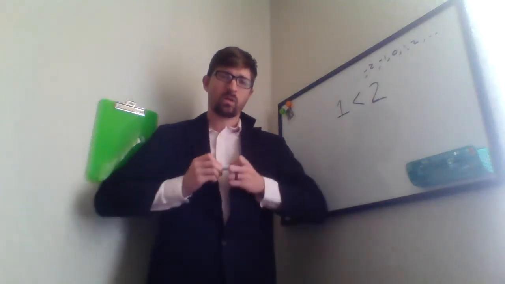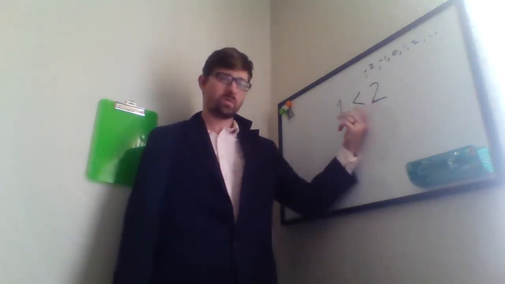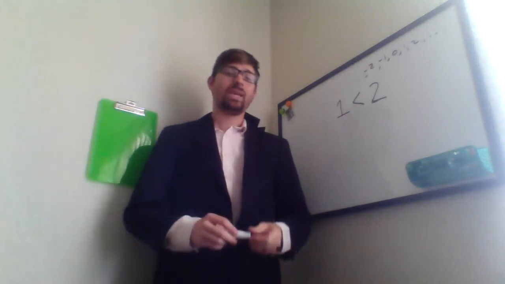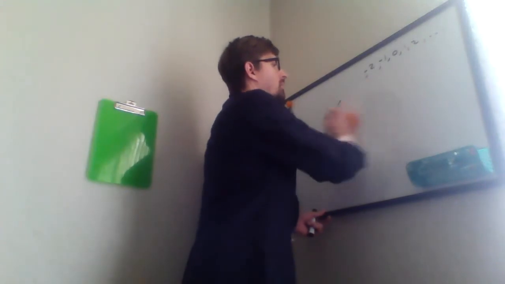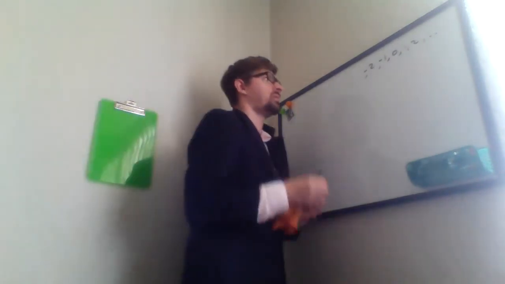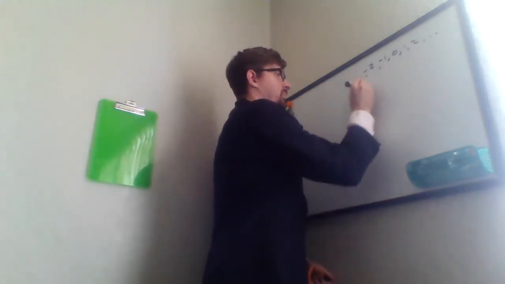Okay? So, whole numbers, right here, integers. Integers is what we will be using more of. And let me go ahead and spell that word out for you so that way you can put it down on your notes. These are integers.